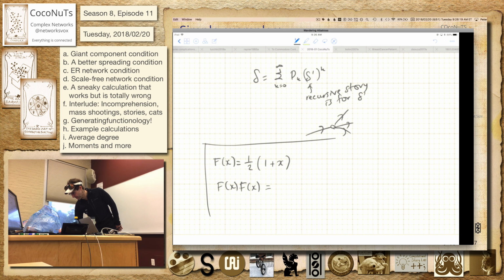Then we'll get a quarter times 1 plus x, all squared. So it's a quarter times 1 plus 2x plus x squared, so a quarter plus a half x, with x to the 0 for the first term, plus a quarter x squared.